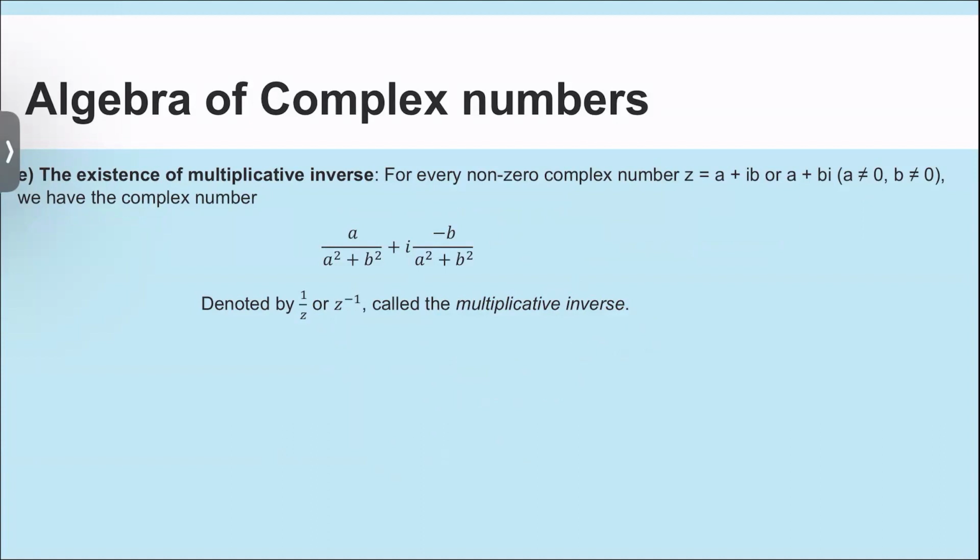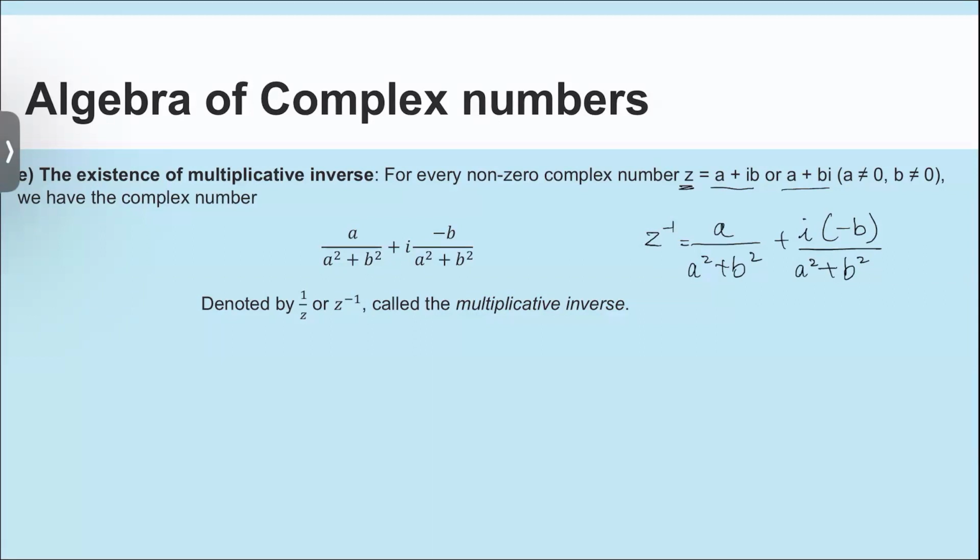When you have a complex number z is equal to a plus ib, or a plus bi, in whichever form you write, there is a multiplicative inverse that exists for z, which can be written as a upon a square plus b square plus i times minus b upon a square plus b square. This is what we get.